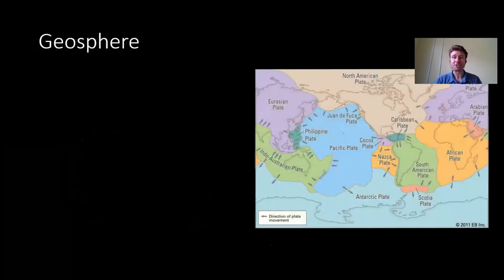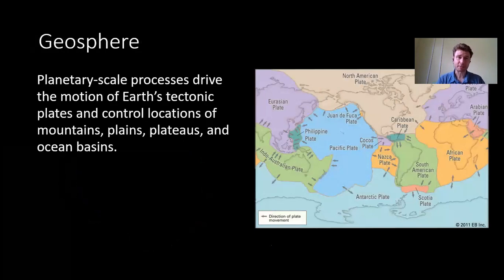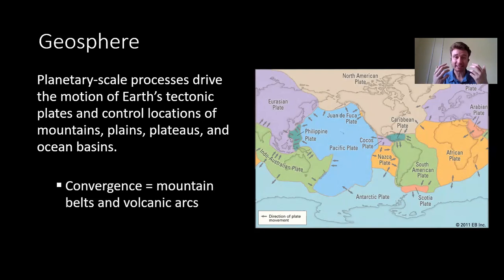When we talk about the geosphere, we're talking about the planetary scale processes that drive the motion of Earth's tectonic plates and control the locations of mountains, plains, plateaus, and ocean basins. We know that convergent areas are where mountain belts and volcanic arcs are able to form, and at divergence, that's where we get things like rift valleys building into our physical landscape.